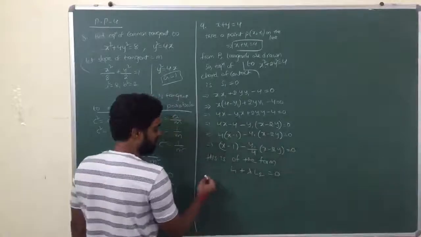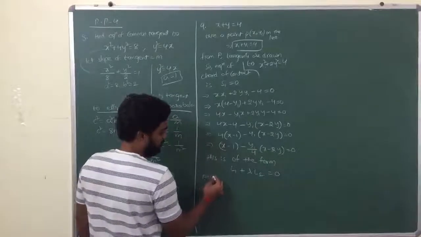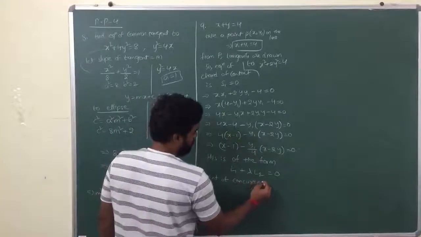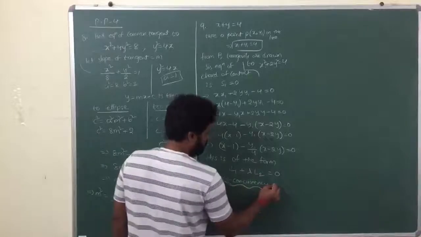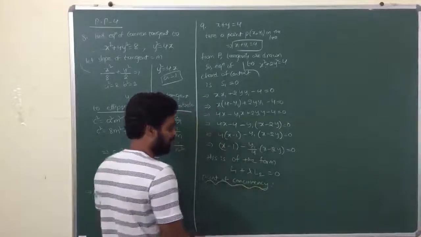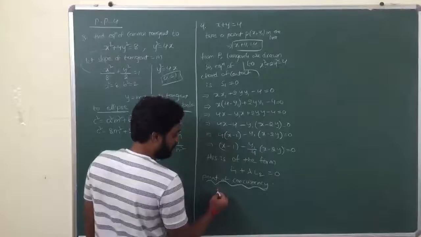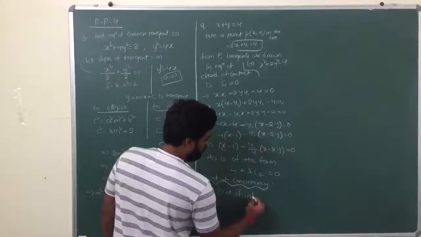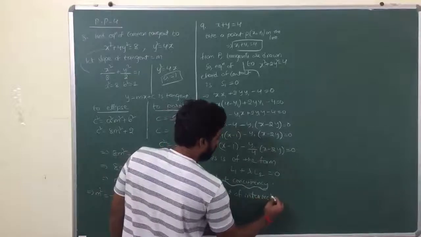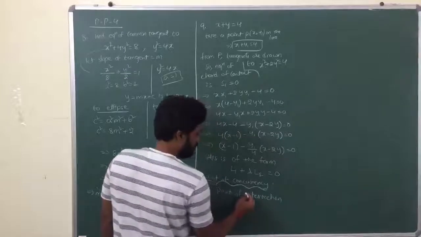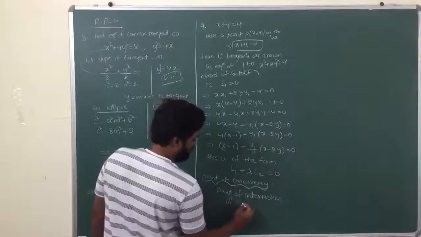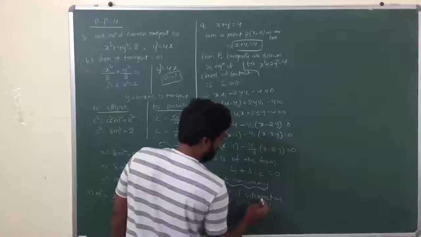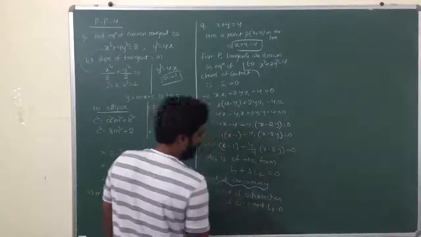So the point of concurrency of a family of lines is nothing but the point of intersection of L1 is equal to 0 and L2 is equal to 0.